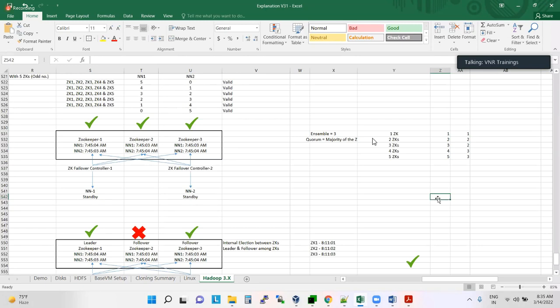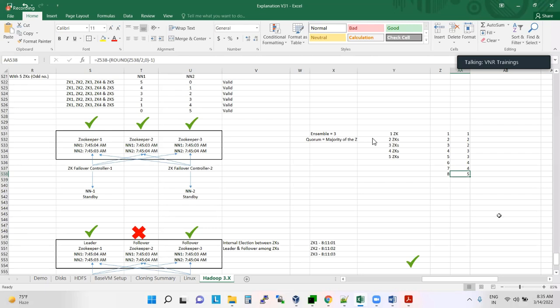Out of 5K, how many should be up and running? Out of 6. If I have 8 zookeepers, 6 is the majority. Understood?